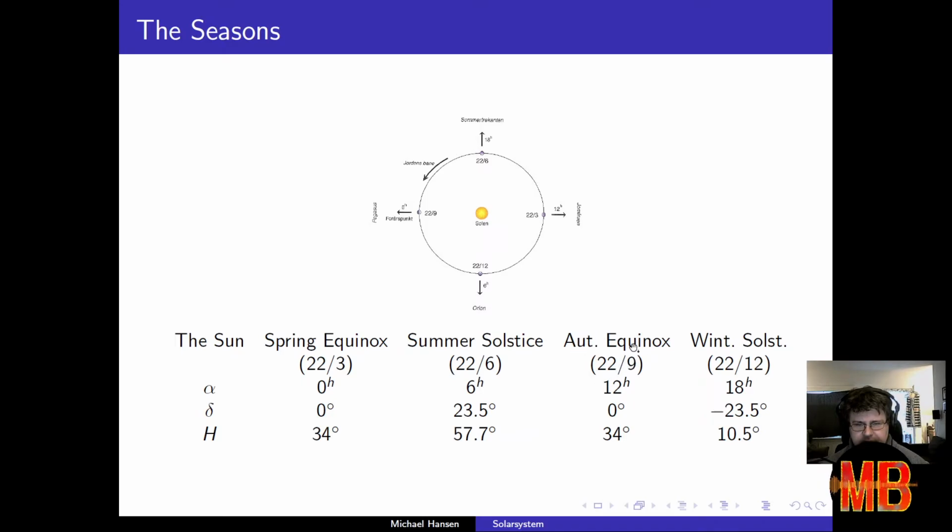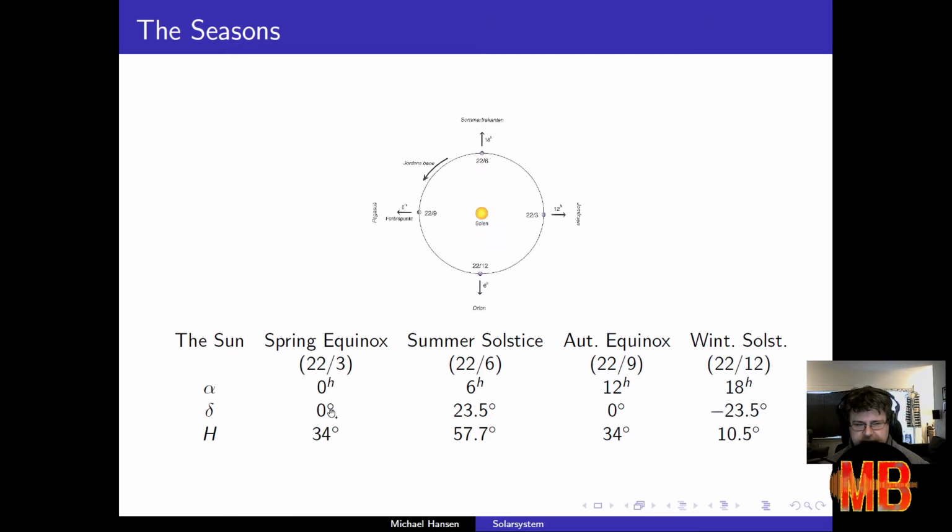At the autumn equinox, which is the 22nd of September, I'm pretty sure, we set the right ascension to 12 hours and again the declination to 0 degrees. And finally, at the winter solstice, which is on the 22nd of December, we set the right ascension to 18 hours and the declination to 23.5 degrees.